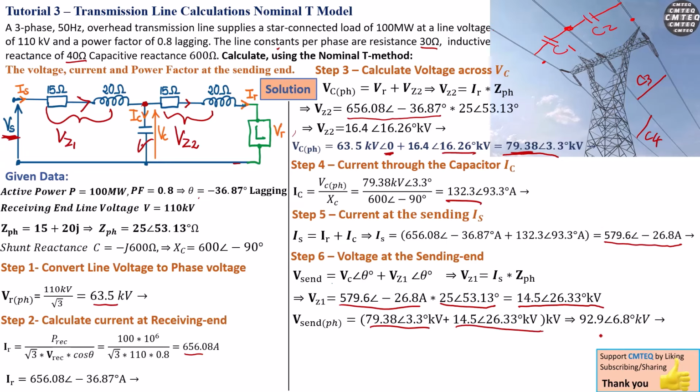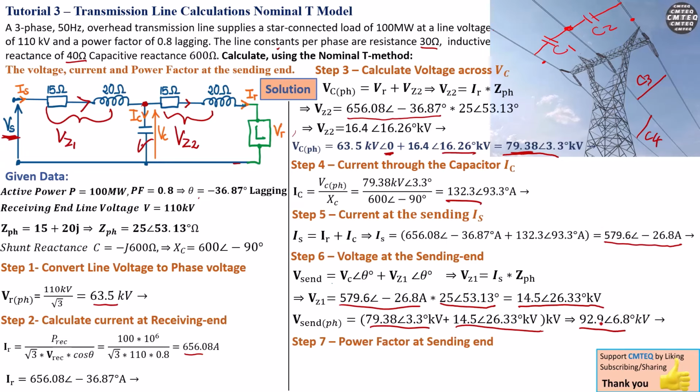We can calculate Vsending per phase to be 92.9 with an angle of 6.8 degrees. If you want to calculate the Vsending of the line, you just multiply this value by the square root of 3, and that gives you the sending end voltage of the line.